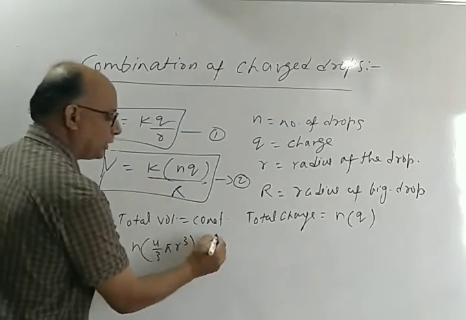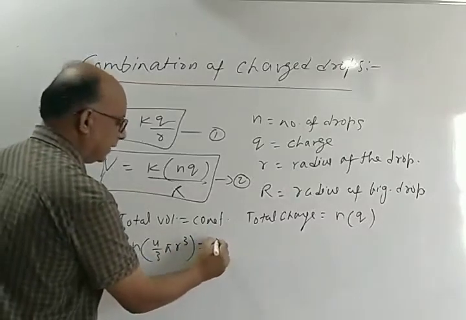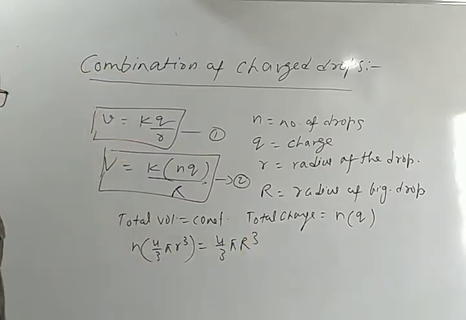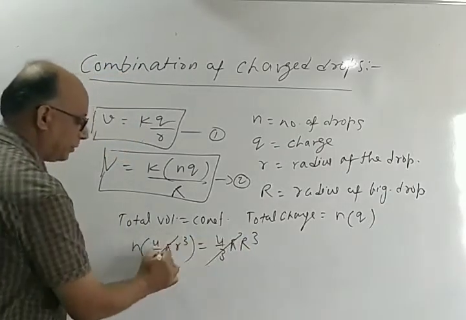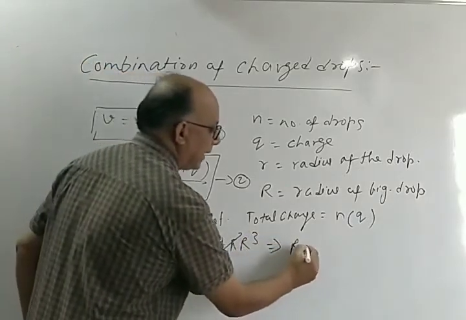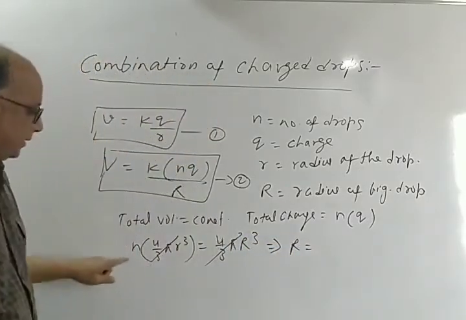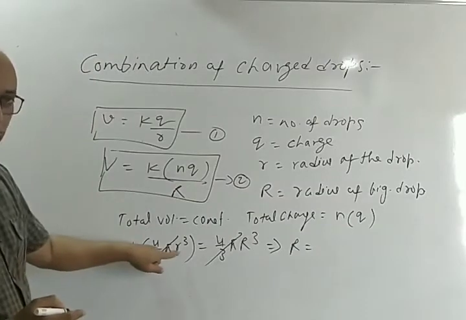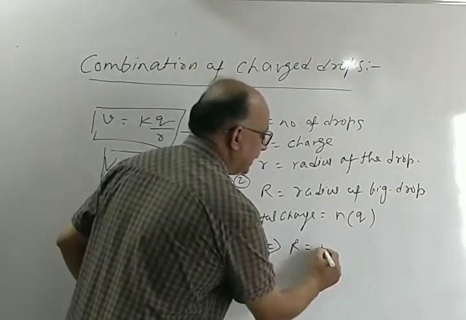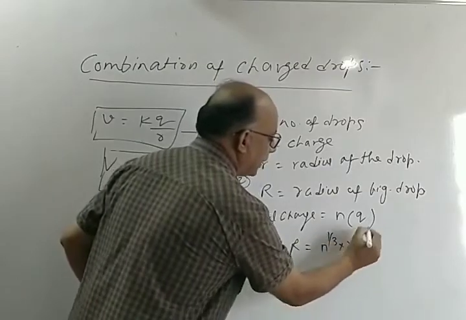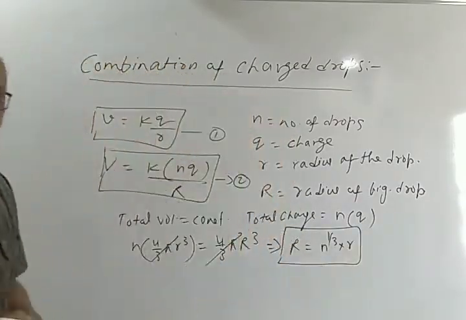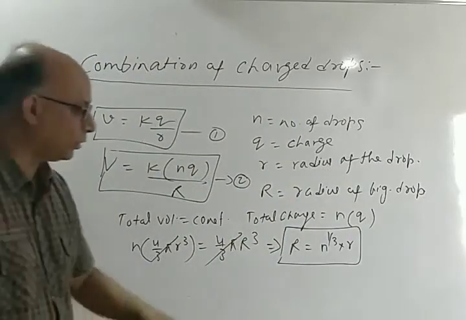And this will be the total volume of the bigger drop, that is 4 by 3 pi capital R cube. You see, 4 by 3 pi and 4 by 3 pi are cancelled. So what we conclude is capital R is (n r cube) to the power 1 by 3. So basically this is n to the power 1 by 3 into r. So this is the radius.